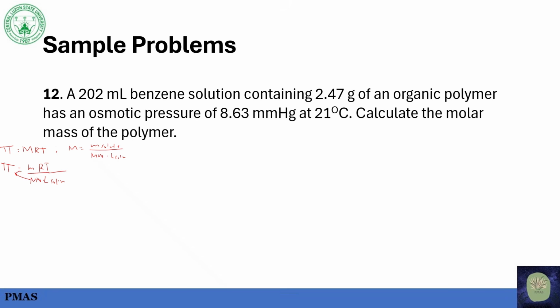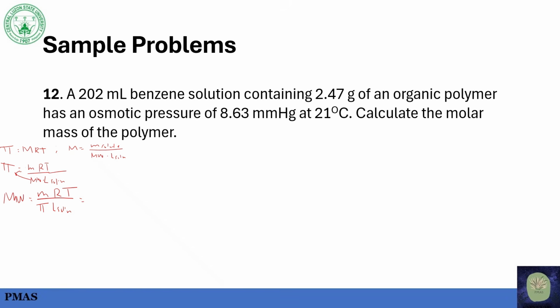Now we can cross multiply for the molecular weight. This is mass multiplied by R, then temperature, divided by the osmotic pressure, and then liters of solution.